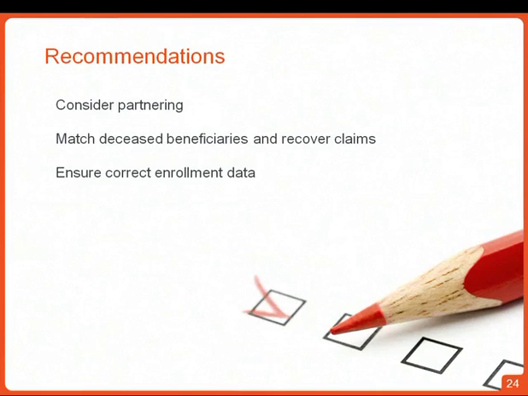Another recommendation is for plans to begin matching for deceased beneficiaries and recovering any claims paid after date of death, if they aren't already doing this. Once the funds have been recovered, plans may then choose to share updated beneficiary information with their states. Plans may also partner with states to ensure correct enrollment data. Here are some suggestions for how to partner with states, recommendations for individual action, and a look forward at what plans can do to prepare for what's coming.